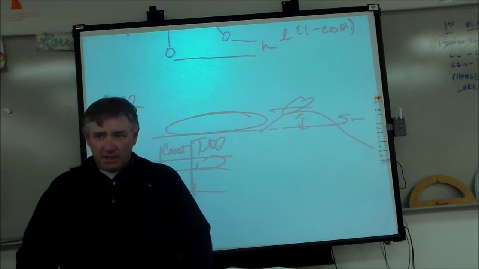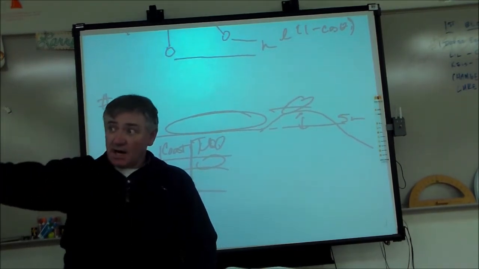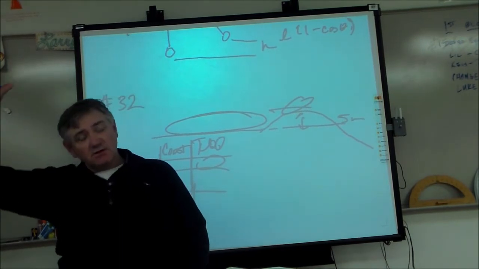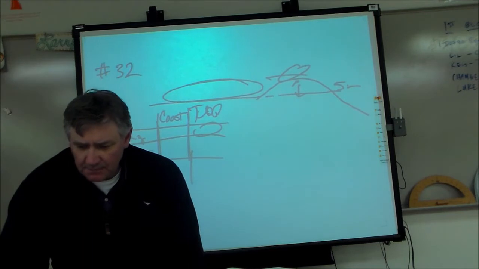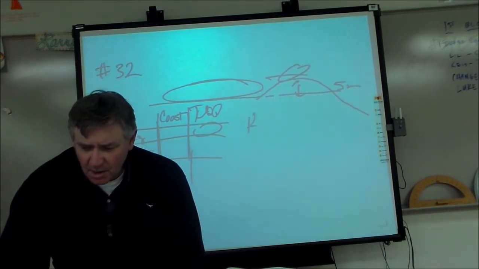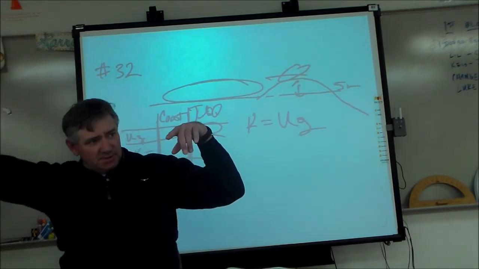Equal to as well. Now, that's one option. Just look at the numbers. Is it going to make it up? Now, the other option is you can say, if I take all of that kinetic energy and translate it all into potential energy.